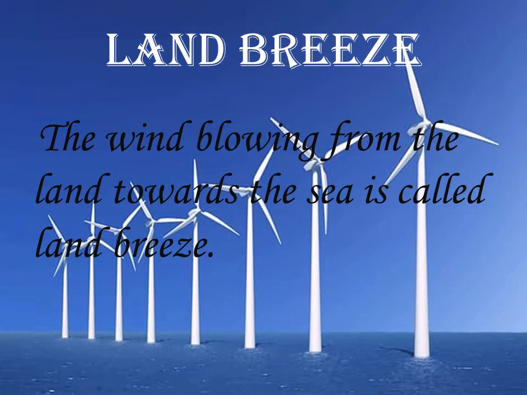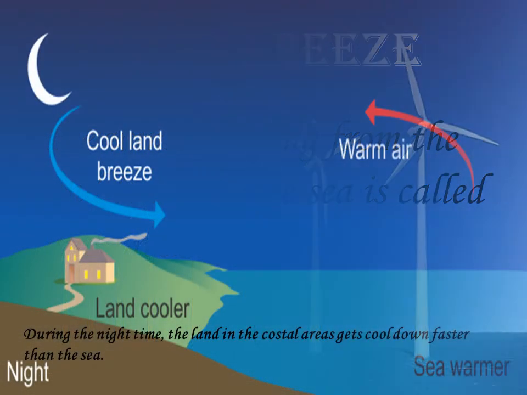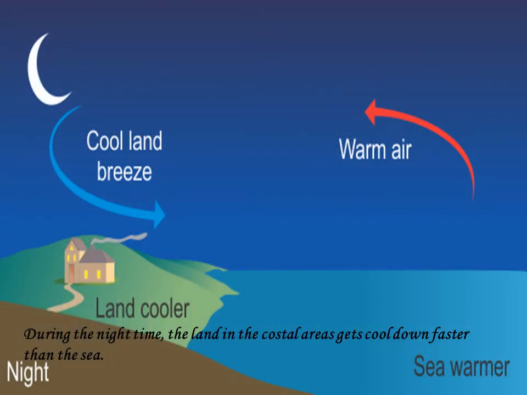Land breeze. The wind blowing from the land towards the sea is called land breeze. Land breeze is just the opposite of sea breeze. During the night time, the land near the coastal areas gets cooled down faster than the sea.